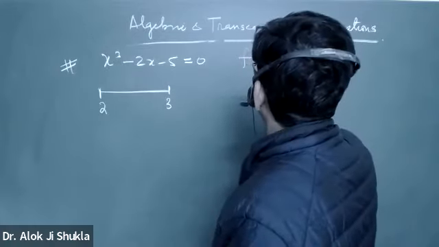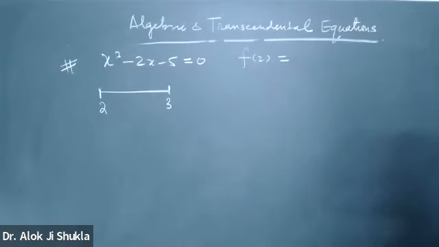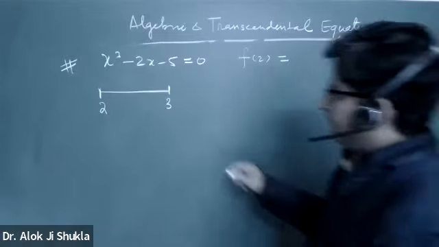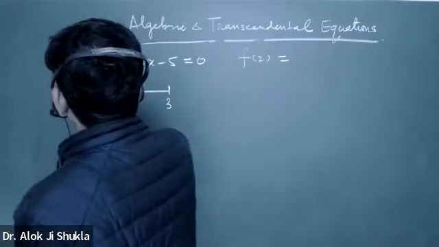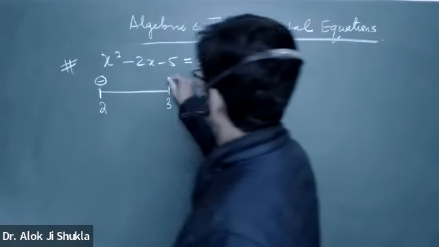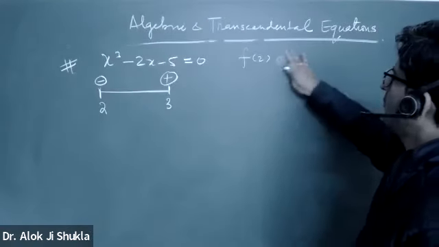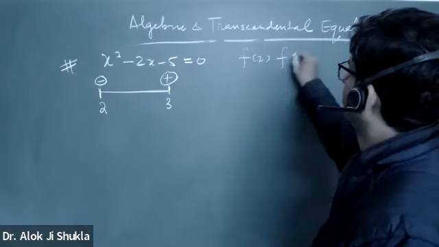So let us calculate F2. What is F2? देखो जरा. 8 minus 4, that is minus 1... so it is negative. And F3 is positive. Correct? So F2 into F3 is negative.